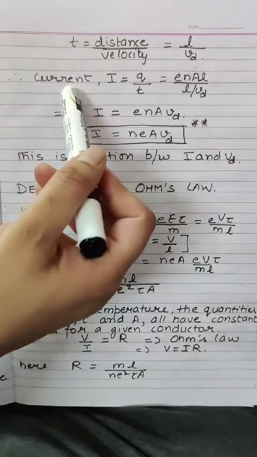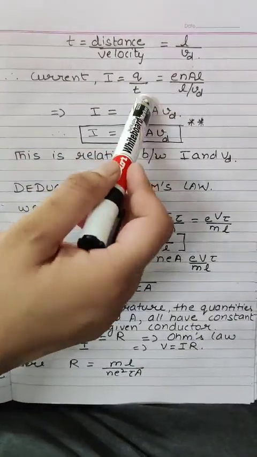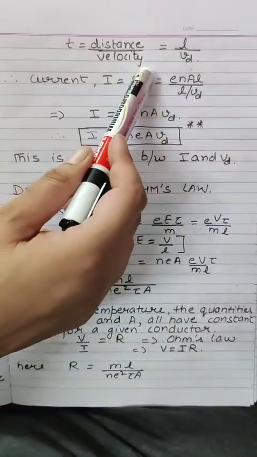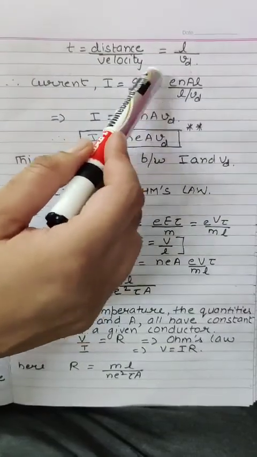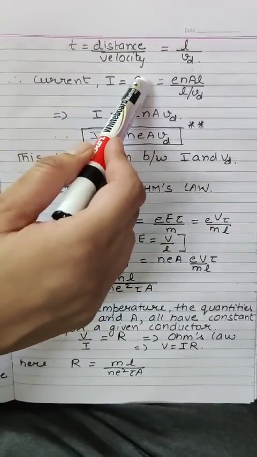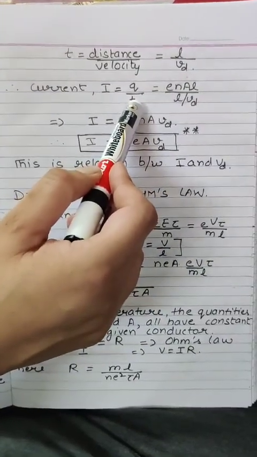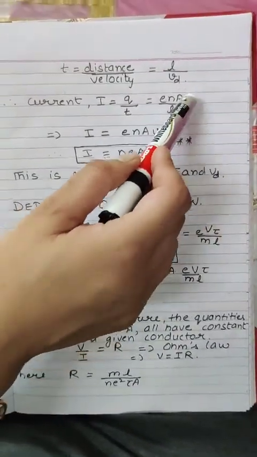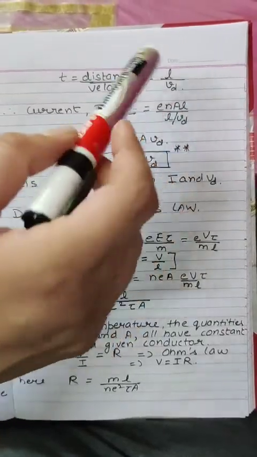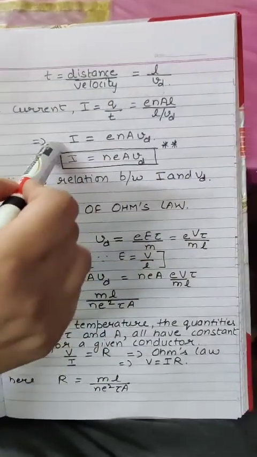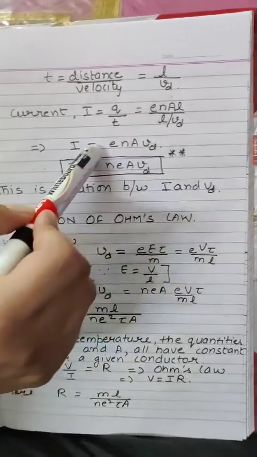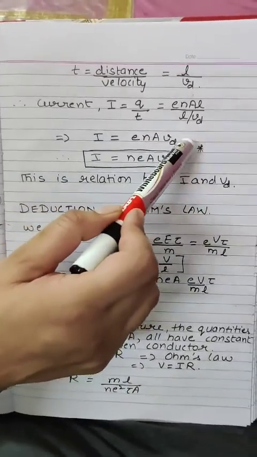And we know that current I is equal to Q by t, that is charge flowing per unit time. So the charge we have found out is enAL, and t we have found out is L divided by Vd. Putting all these values, we get the final relation, that is I is equal to enAVd.